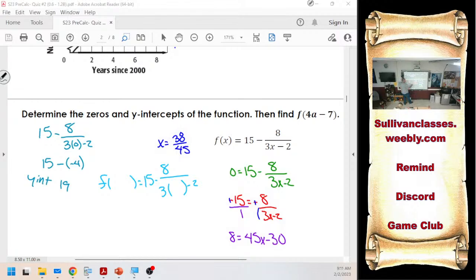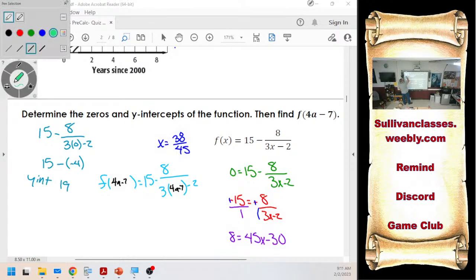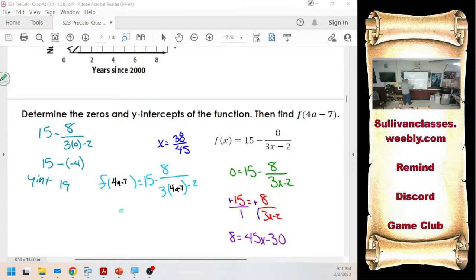Okay, we're plugging in 4a minus 7. Distribute, combine like terms. Equals 15 minus 8 over 3 times stuff is 12a minus 21 minus 2 is minus 23.